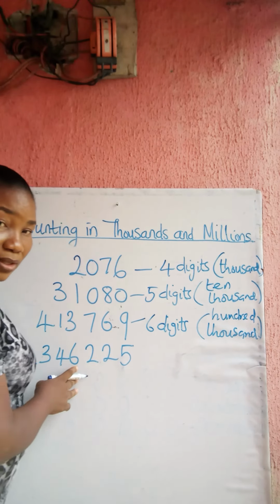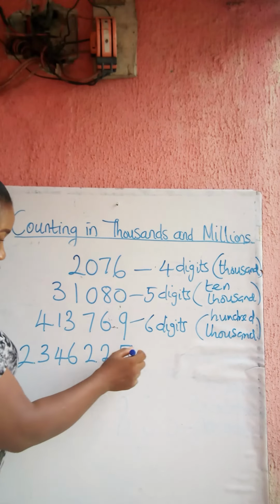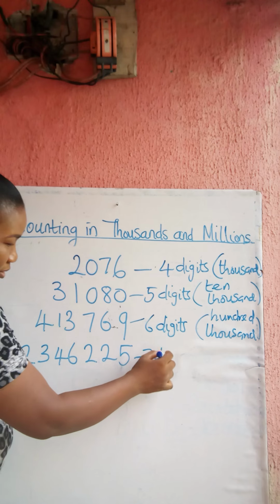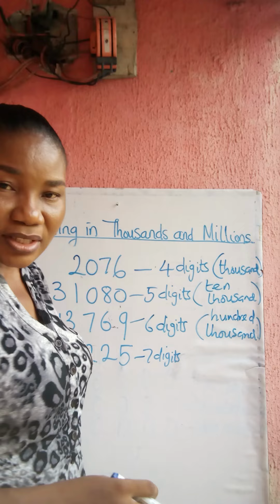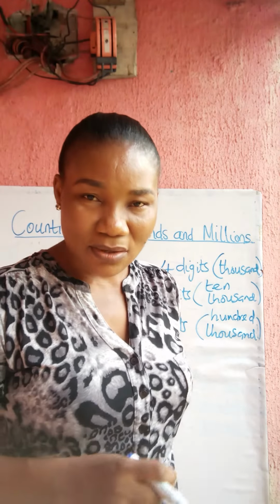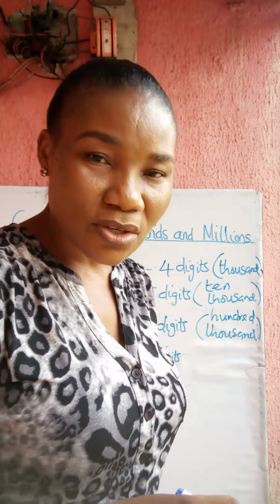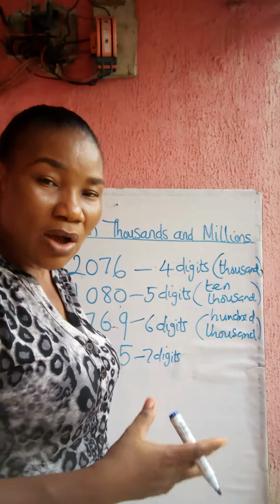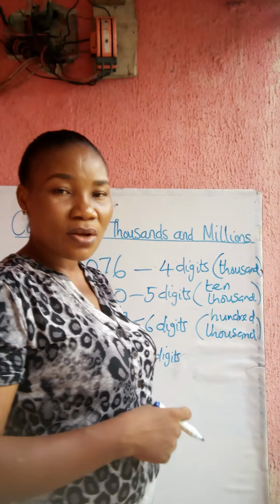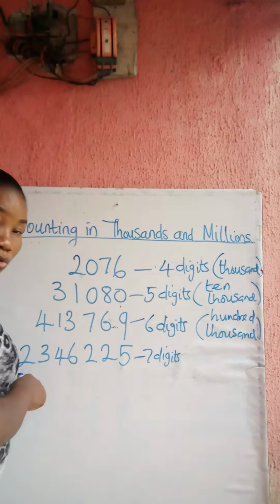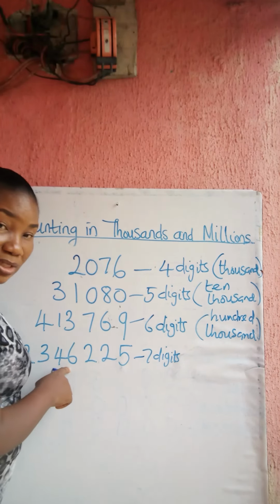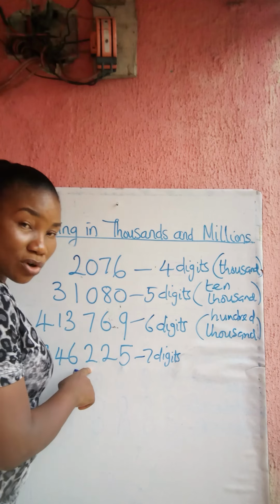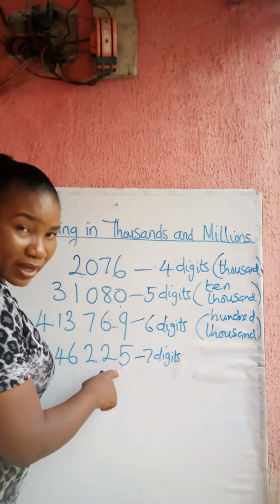Now finally, from our examples, we have 7 digits. 7 digits falls under millions. So how are we going to read this number on the board? 2,346,225.